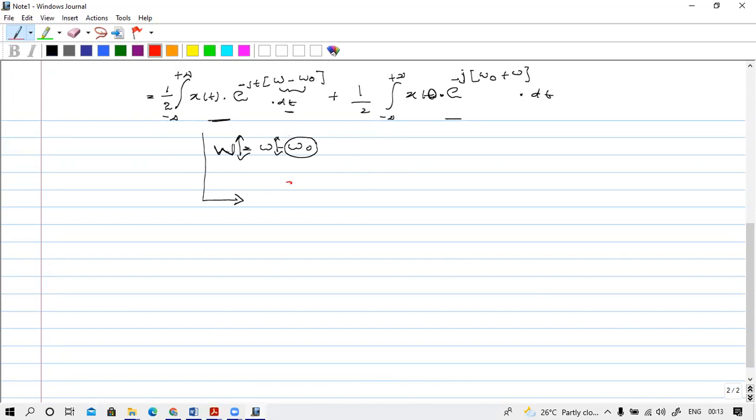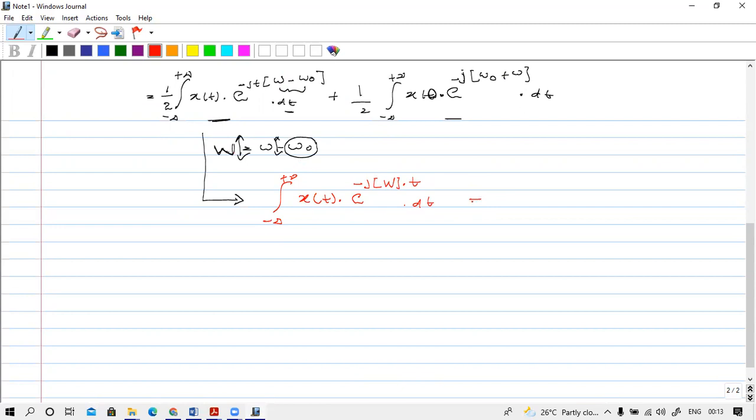If I write this like this, integral from minus infinity to plus infinity of x(t) e^(-j(omega minus omega naught)t) dt, and instead of omega minus omega naught I substitute capital W, I will get this kind of expression.